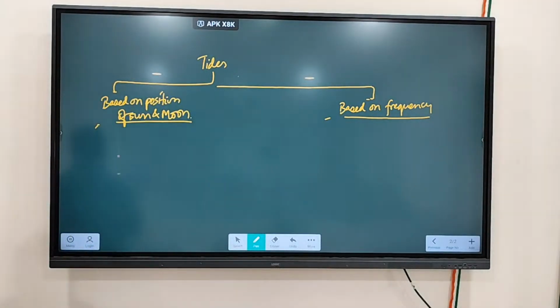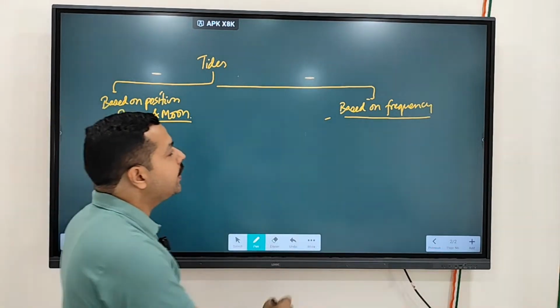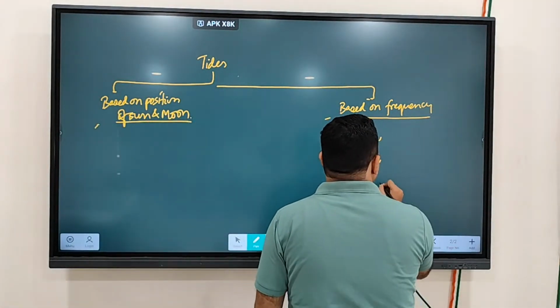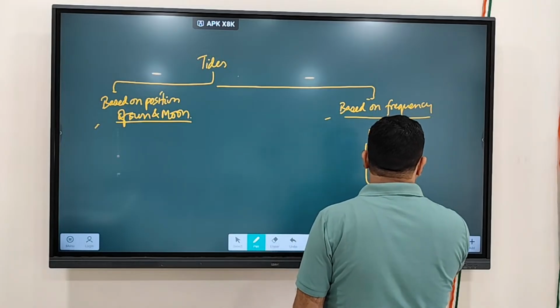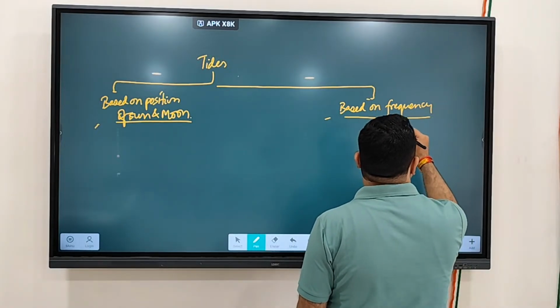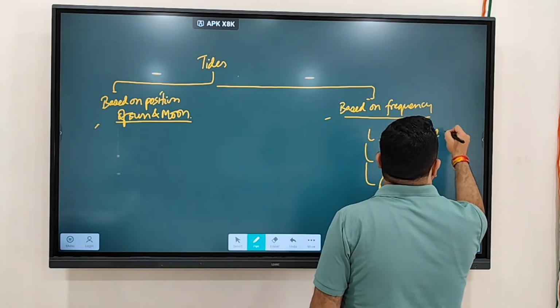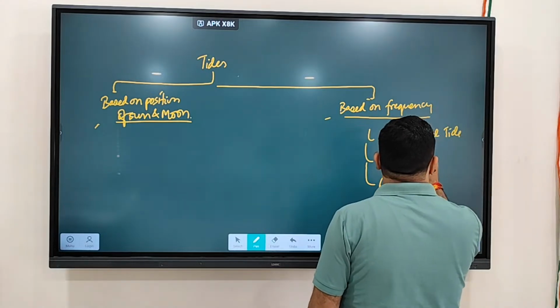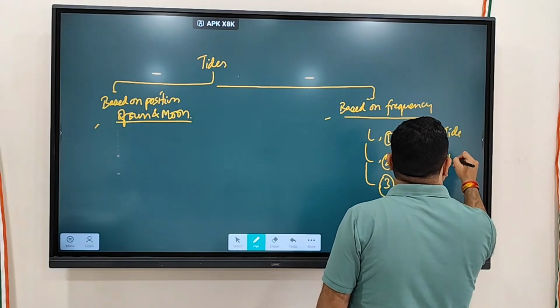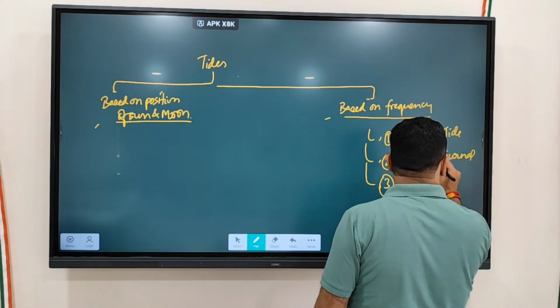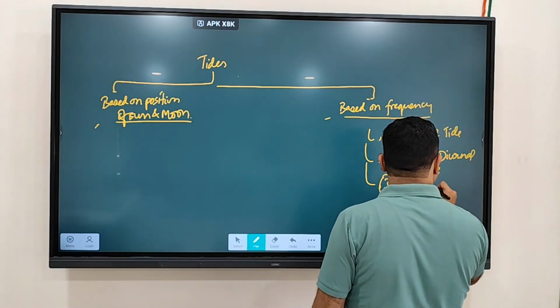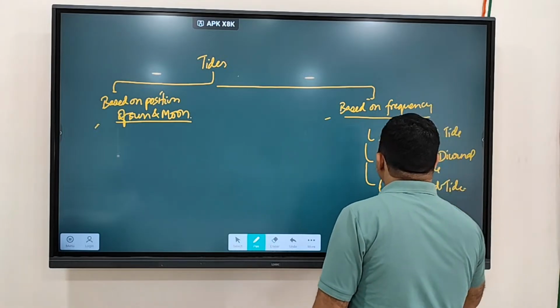One is based on the position of sun and moon, another based on frequency. Based on frequency, we classify tides into three types: diurnal tide, semi-diurnal tide, and mixed tide. This is based on frequency.